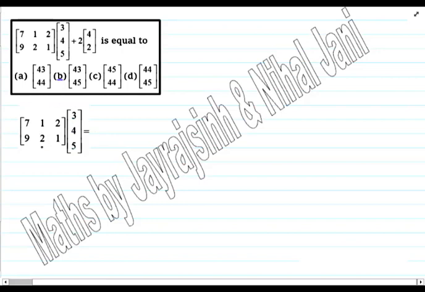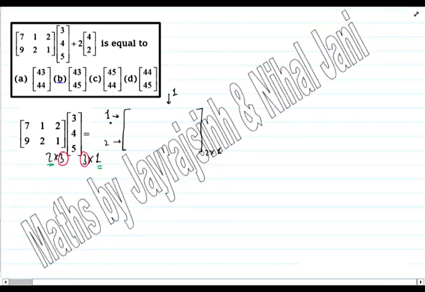Here it is. The first matrix is of order 2 cross 3 and the second one is of order 3 cross 1. They satisfy the condition of multiplication. The answer will be in the order of 2 cross 1. So the resultant matrix has 2 rows and 1 column. So let's get the first element, which is in first row, first column. So we select first row, first column and multiply the respective terms. 7 with 3, 21, 1 4s are 4, and 2 5s are 10.